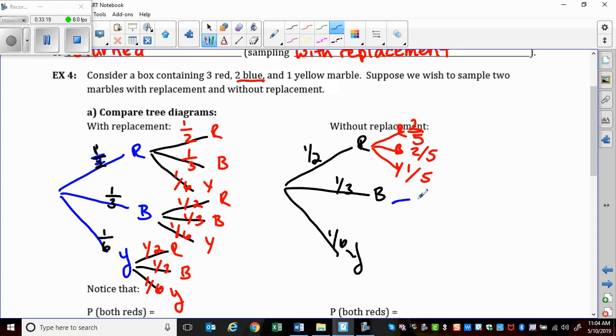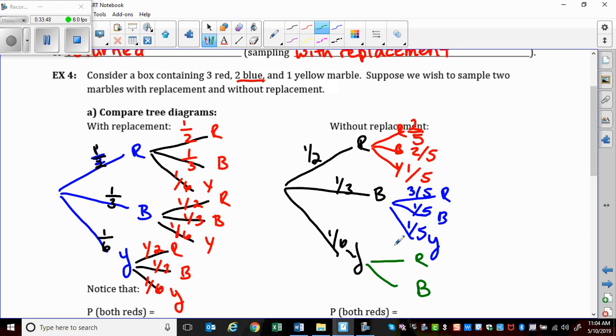So I can still do my 3 branches for red, blue, and yellow. Now there would still be 5, but my red would be 3. My blue would take away 1, so it would be 1. And my yellow is still 1. However, when we get to the yellow, we took it away. So we're going to have a red and a blue, but we're not going to put the yellow back.